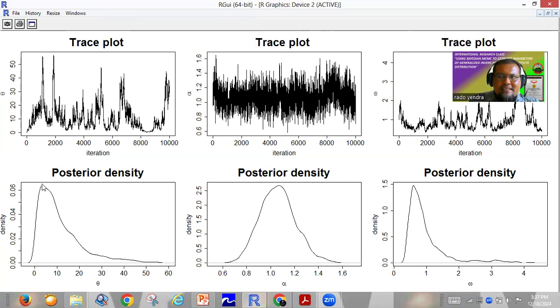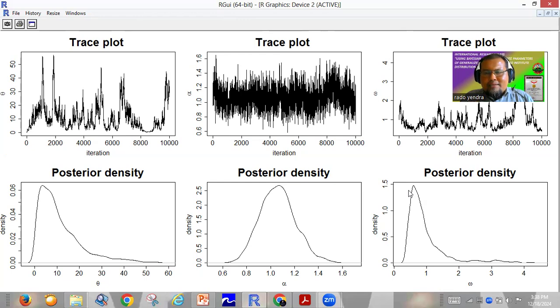This peak is the representative of the parameter beta. And then for alpha, from the posterior density plot for alpha, we have this peak as the representative of the parameter alpha in the posterior density.